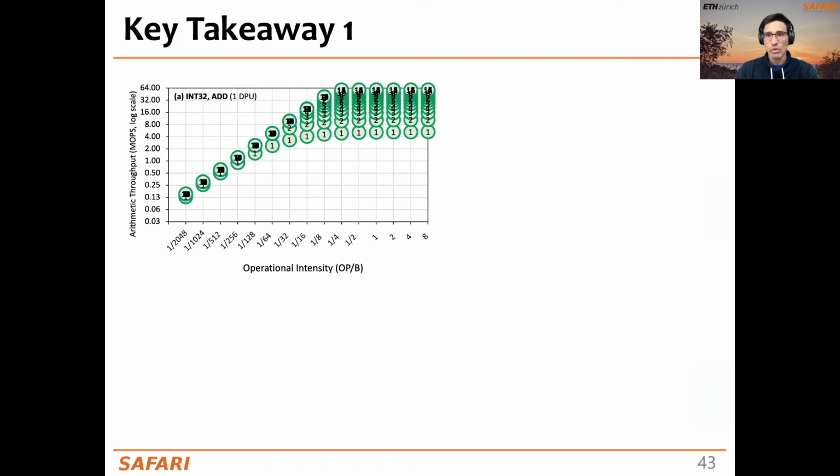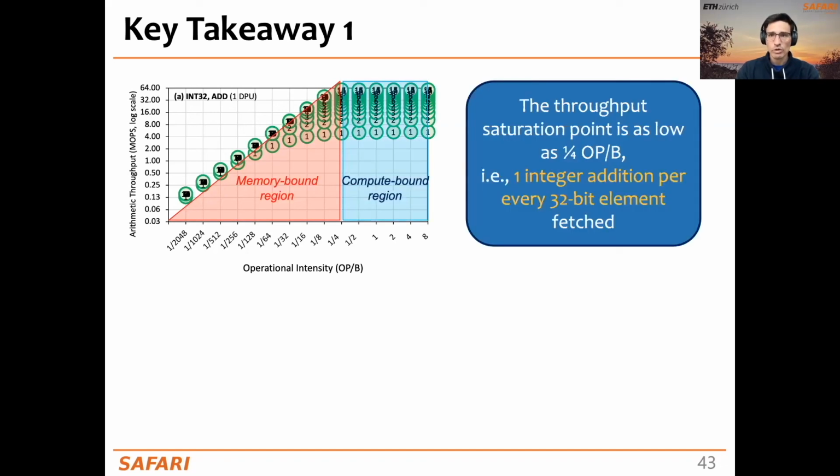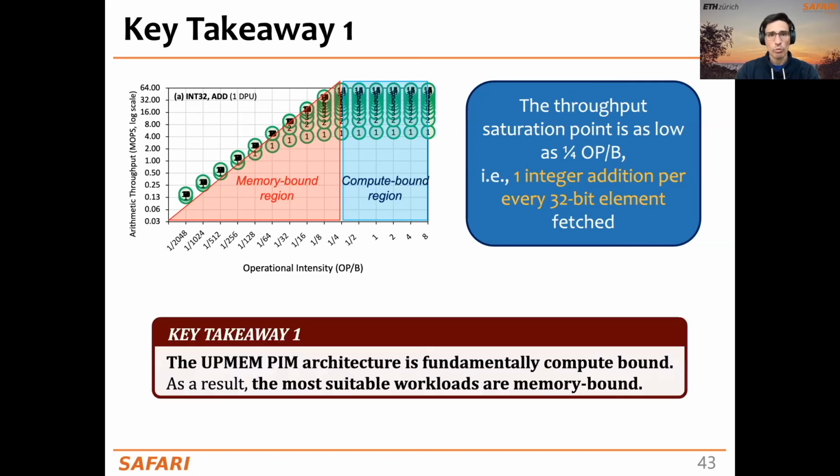The first key takeaway was already covered in a previous lecture when we discussed the micro-benchmarking of the DPUs and the UPMEM PIM architecture. We observed that in the UPMEM PIM architecture, the DPUs have a memory bound region and a compute bound region, and the throughput saturation point, that is the frontier between the memory bound region and the compute bound region, is pretty low for all data types and operations.